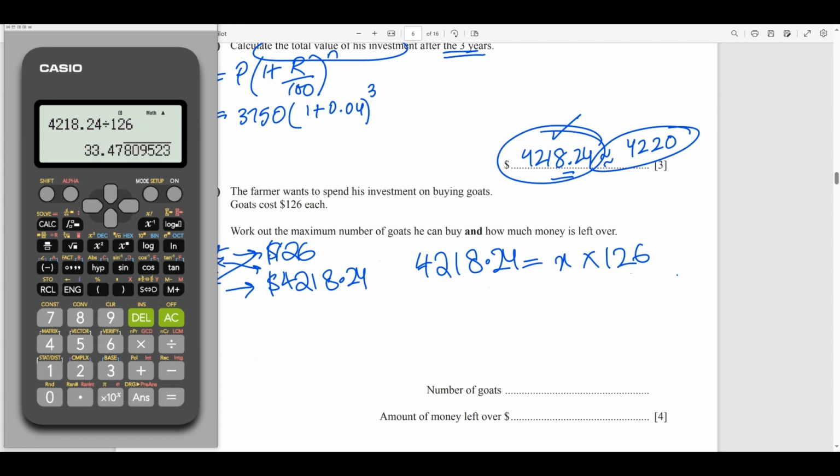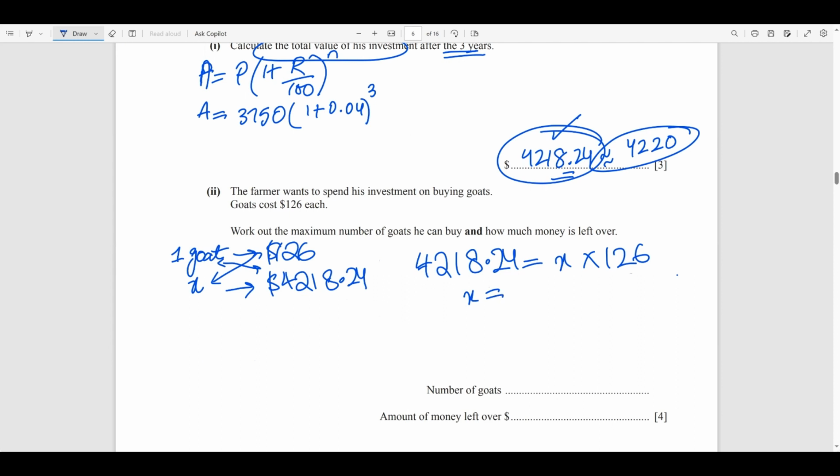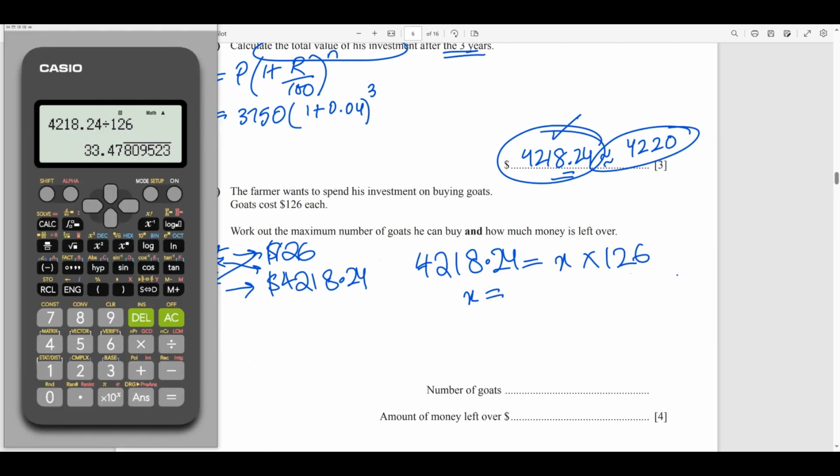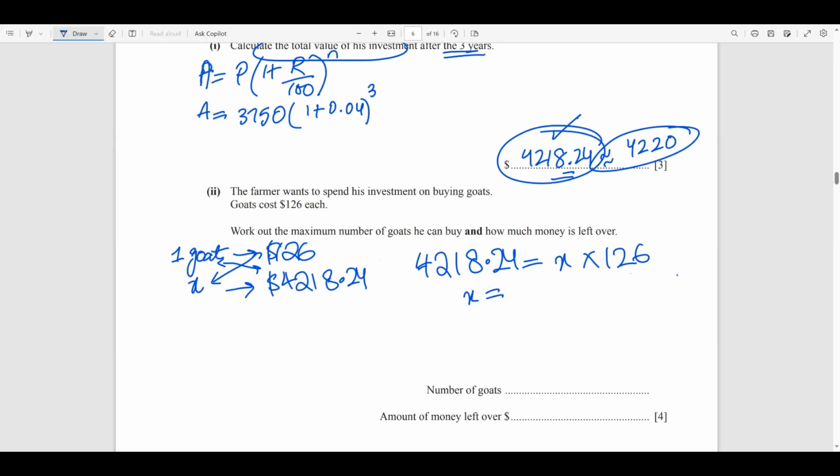So this gives you 33 point, let's say 5. And definitely you cannot buy 33.5 goats. You cannot buy half a goat, right? This means you always have to round it down, so you were able to buy 33 goats. And then for the 34th goat, you are short of money, right?